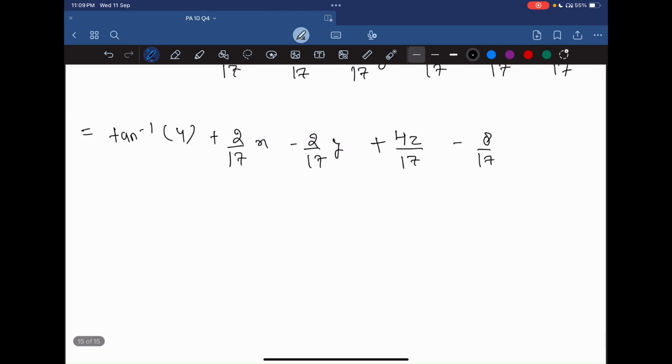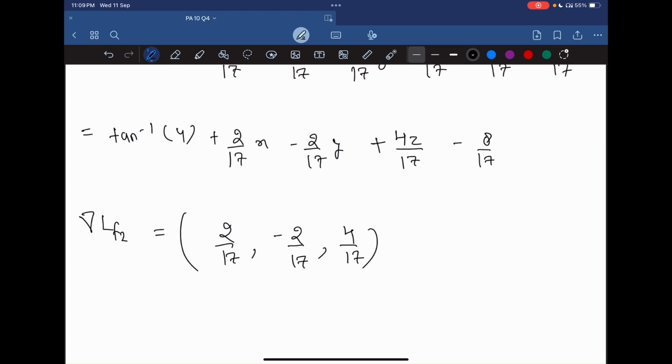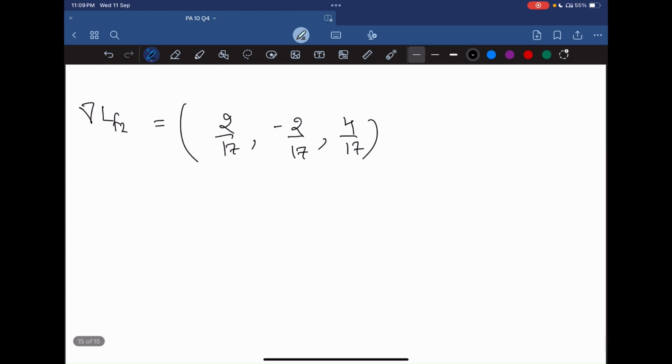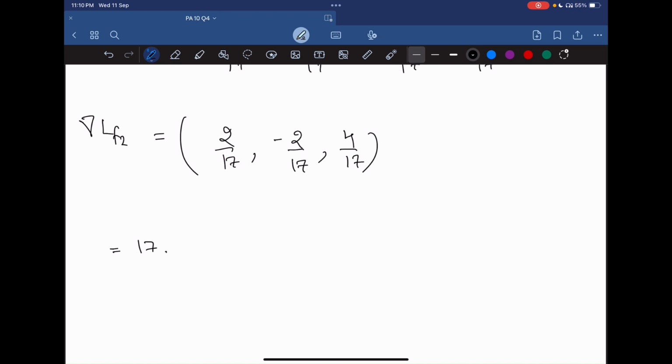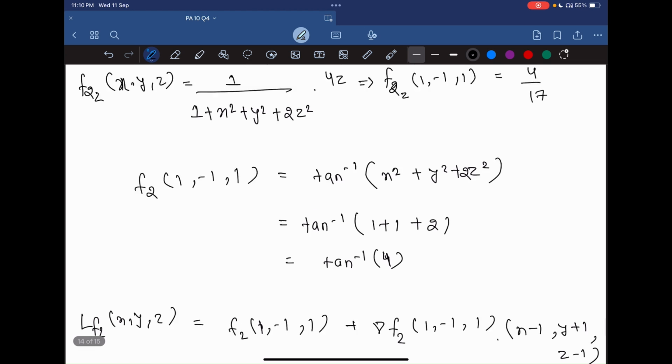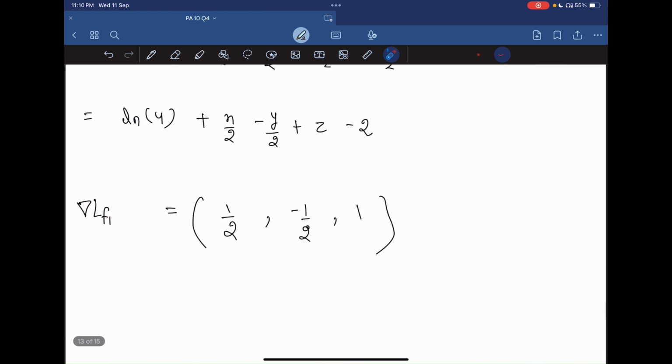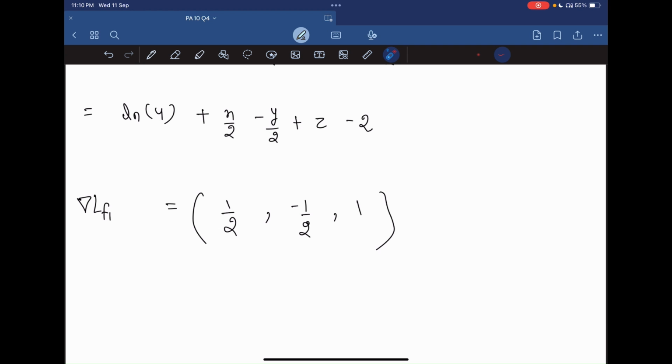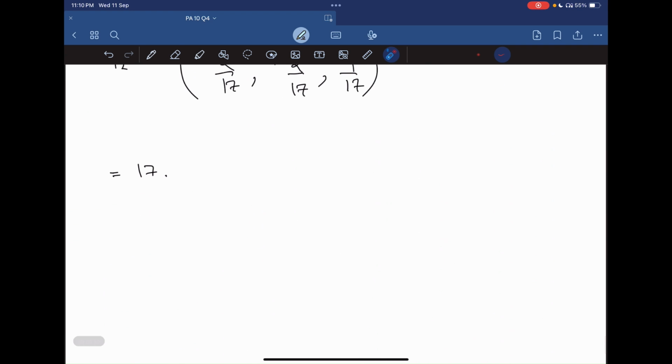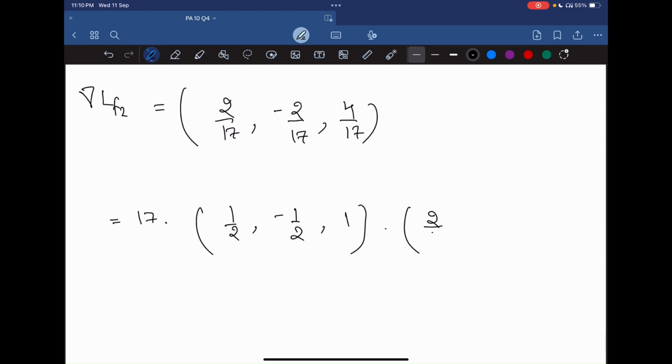Now if we take the gradient of LF2, this would become 2 by 17, minus 2 by 17, and 4 by 17. So that is 17 times the gradient of LF1, which we got here, 1 by 2 comma minus 1 by 2 comma 1, dot product with 2 by 17 comma minus 2 by 17 comma 4 by 17.